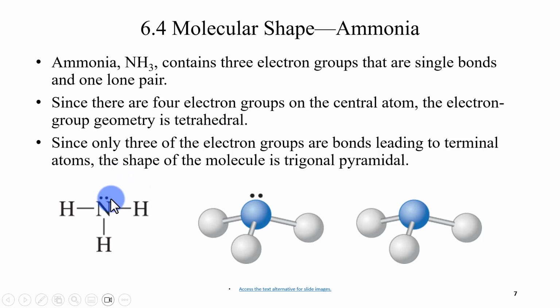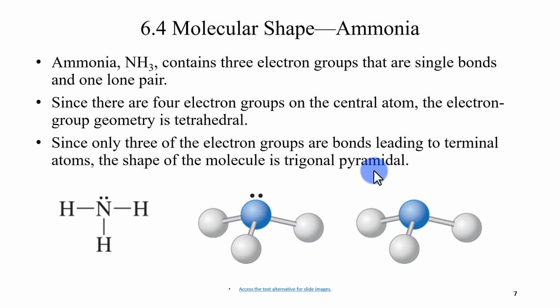But because I've replaced that 4th atom with a lone pair, and I only have 3 atoms now bonded to the central atom, the shape of the molecule changes. It is now trigonal pyramidal.